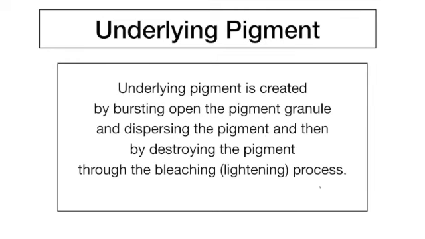Underlying pigment is created by bursting open the pigment granule and dispersing the pigment and then destroying the pigment through the bleaching, which is also known as a lightening process.